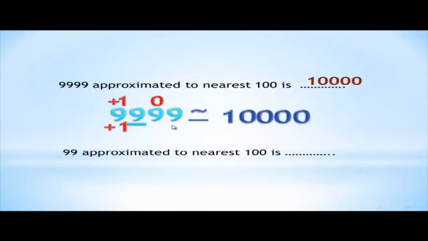Put 0, carry 1 to the next digit, so 9,999 is approximated to 10,000. 99 is approximated to the nearest 100. Here I have no place value of the 100, so I will put 0 here and ask about the 9. 9 is a strong number, so give 1 to the 0 to become 1, and cancel the two 9s by replacing them with zeros, so the result will be 100.